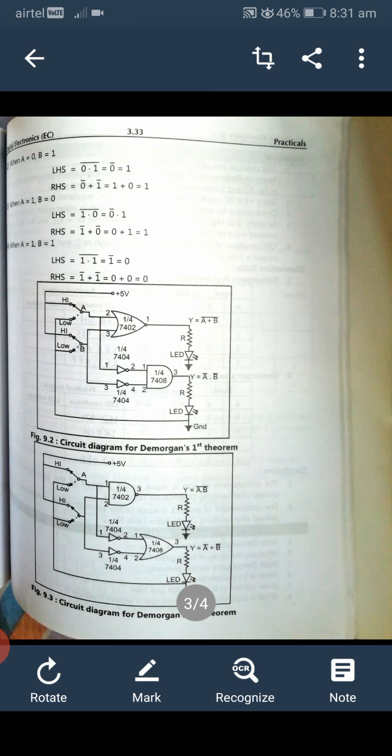The circuit diagram of De Morgan's first theorem by using IC 7408 and 7402 is shown in the below diagram. Similarly, the circuit diagram of De Morgan's second theorem by using IC 7408, 7402 and 7404 is also shown in the below diagram.